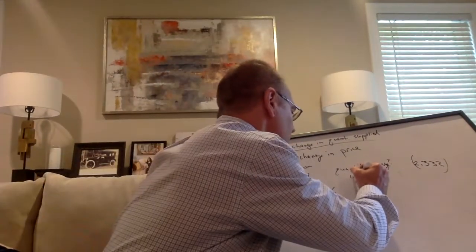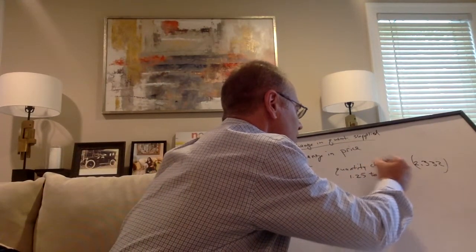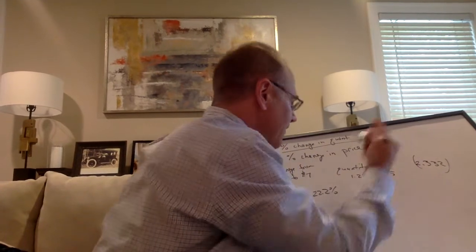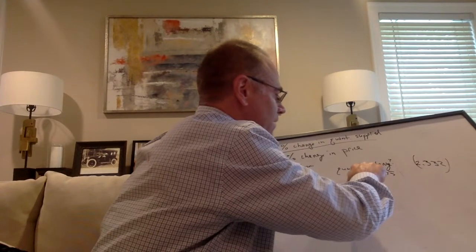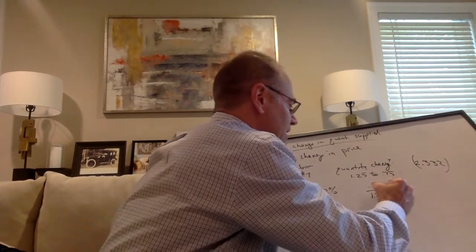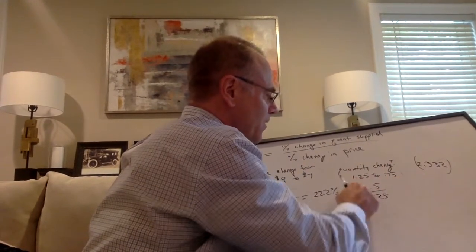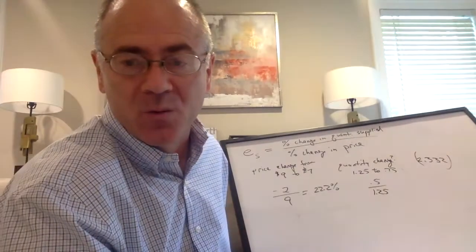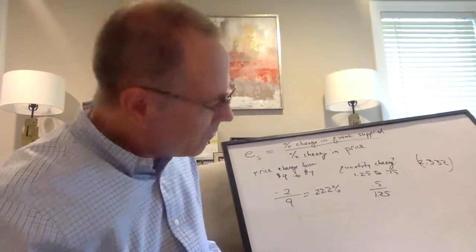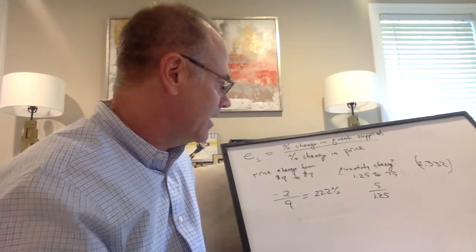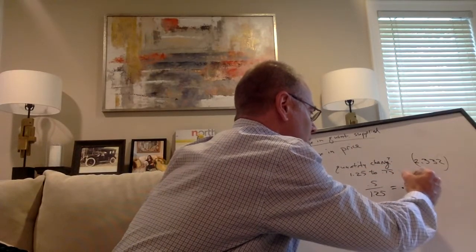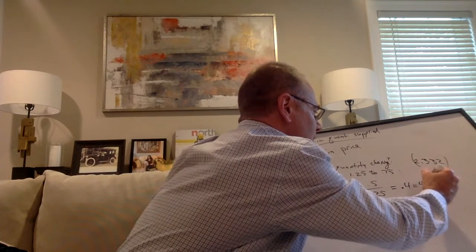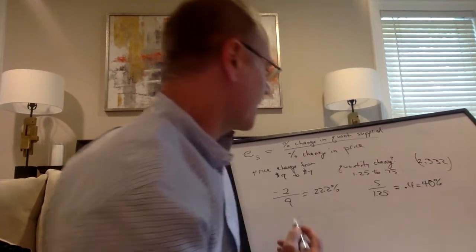Quantity change: before it went from 0.75 to 1.25. Now it's 1.25 to 0.75. The quantity change was 0.5, but we had a base of 1.25. So the percent change is 0.5 divided by 1.25, and that one I can do in my head. That equals 0.4, which is 40%.